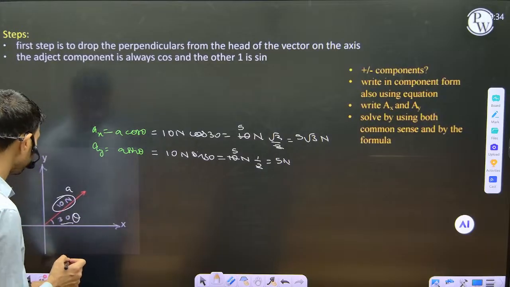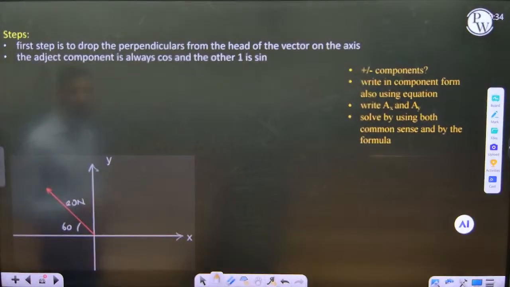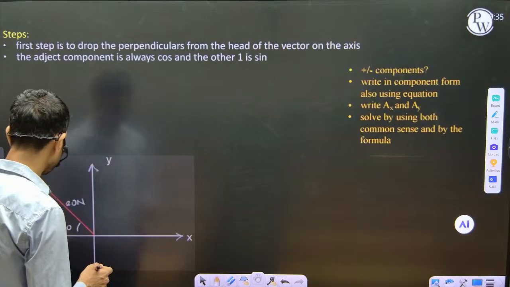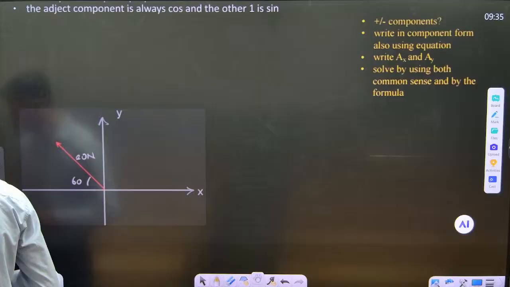Let's go ahead. Let's do this one. 20 Newton. So how to deal with this? Let's see. 20 Newton.